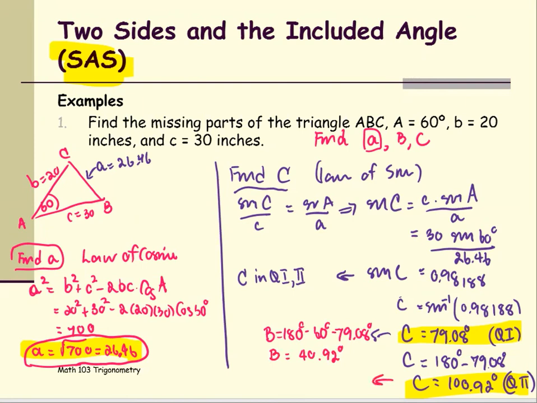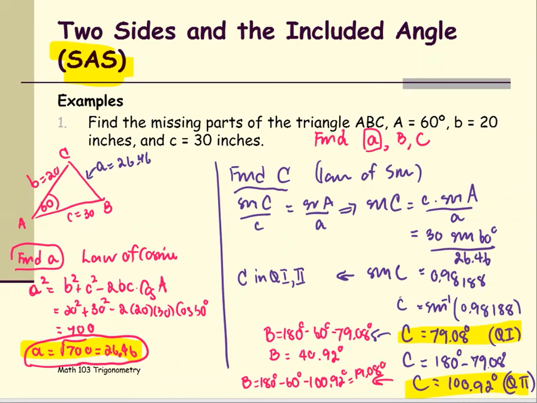Another angle B is computed as 180 degrees minus 60 degrees minus 100.92 degrees, which turns out to be 19.08 degrees.